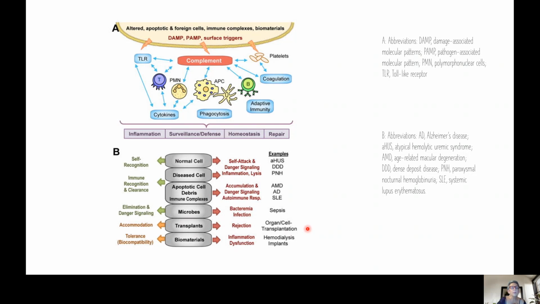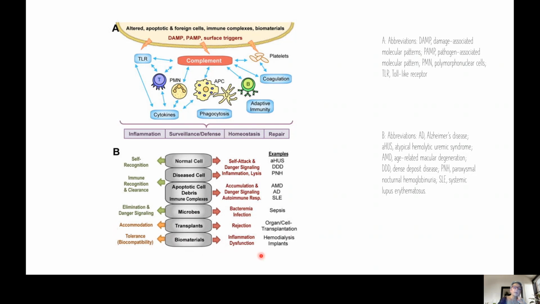And then biomaterials, other different things that we put into the body for healing. I think a good example would be hemodialysis, fistulas and such. If the body senses that as being not really invasive, they can tolerate it.